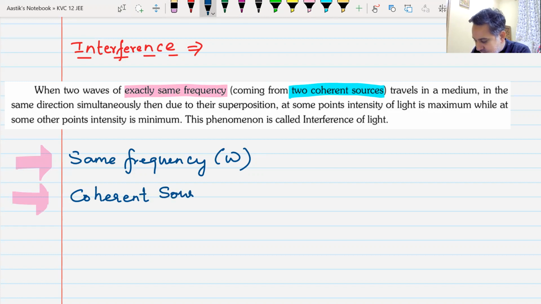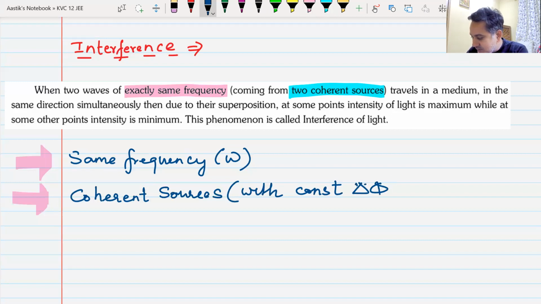Coherent sources means the sources produce the same frequency with a constant phase difference. The phase difference should not change with time; it should remain constant. Those sources are known as coherent sources.